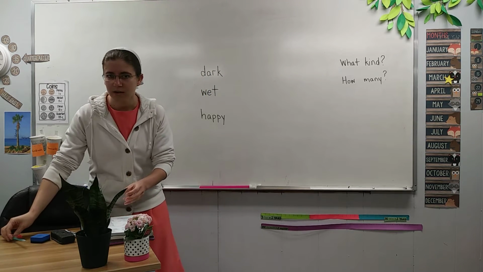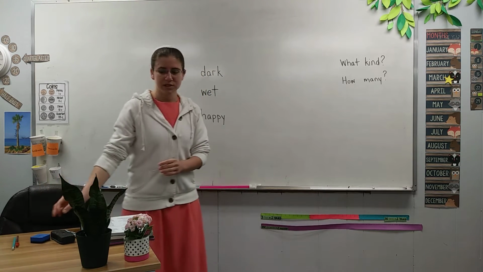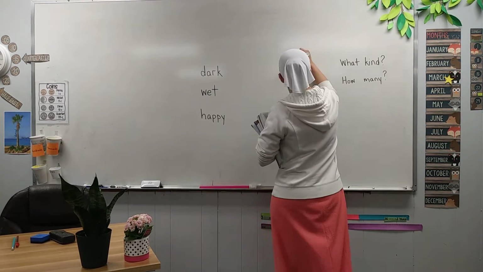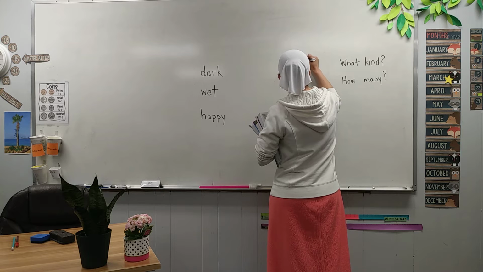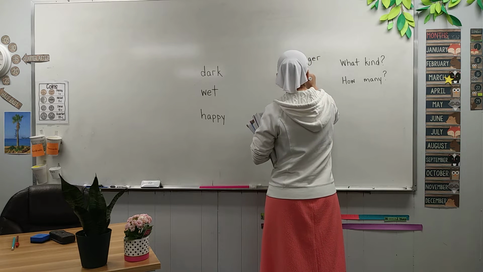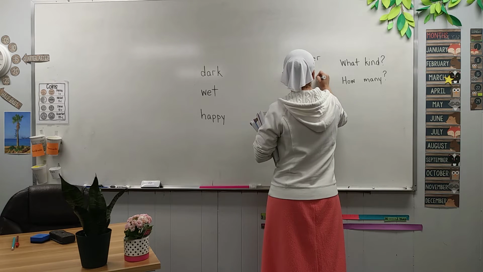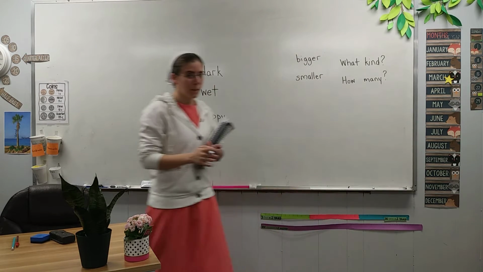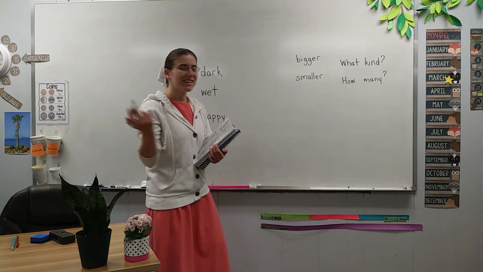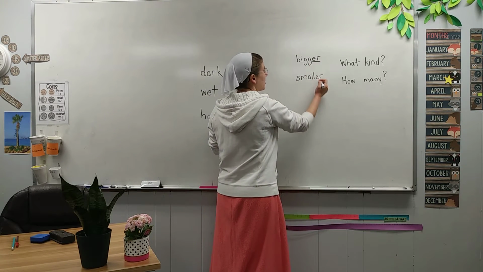Now, what is in common? What is the same about those words that I used? I used the word bigger, and I used the word smaller. Okay, so what is the same about those words? They both end in ER.